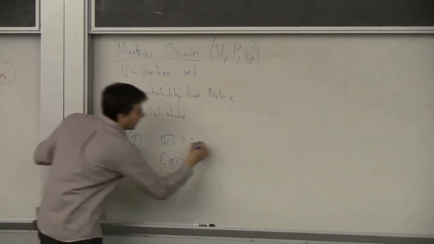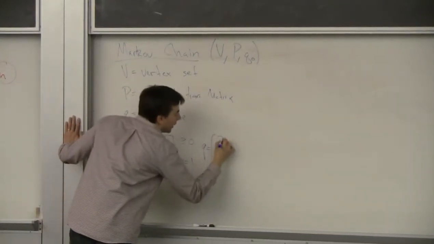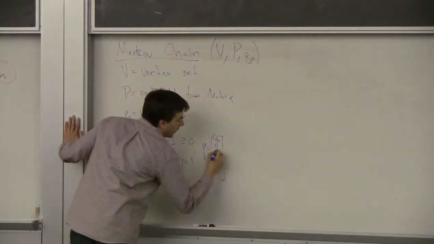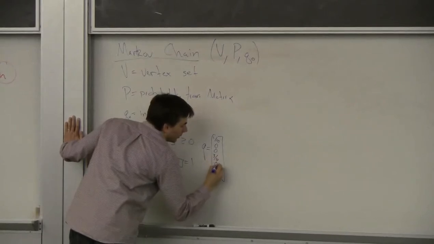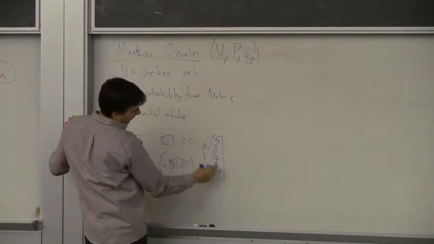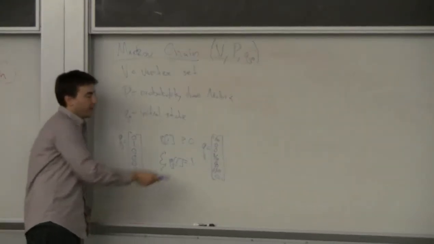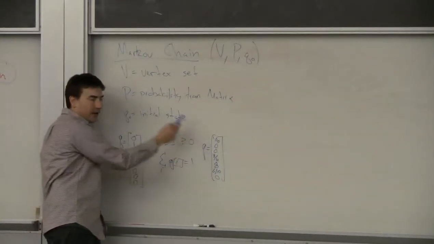I can instead have a different state that has values 1/10, 0, 0, say 3/10, 0, 6/10, and 0. Okay, so here these are all greater or equal to 0, and they all add up to 1.